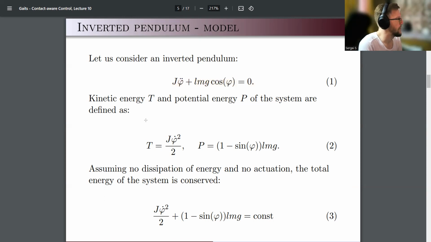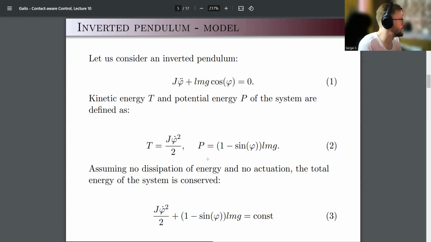Right. Now, kinetic energy and potential energy of the system can be described like this. Kinetic energy is inertia times velocity squared divided by 2. Potential energy is mass times length times g, where g is of course gravitational acceleration, so together it's gravitational force. Right? So this is mass times length times gravitational force multiplied by (1 − sin φ). Right?